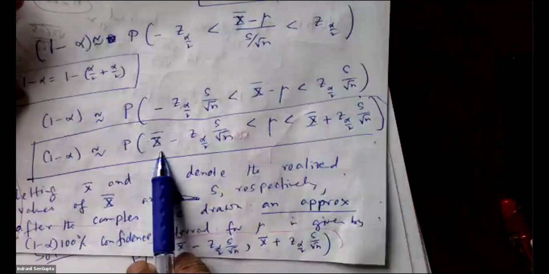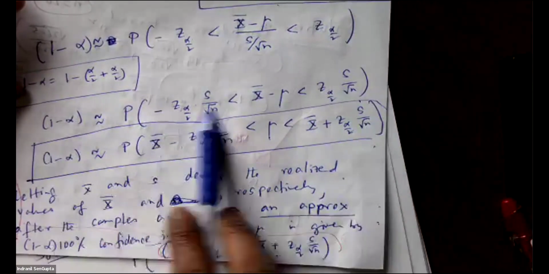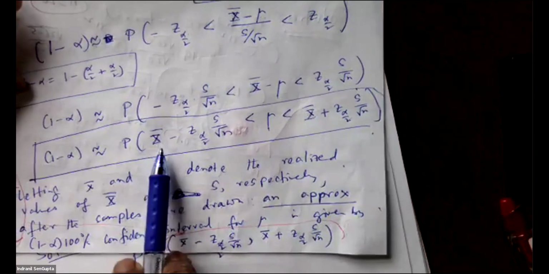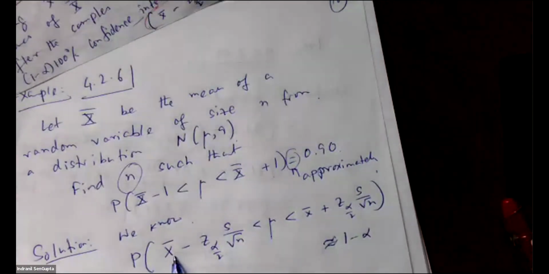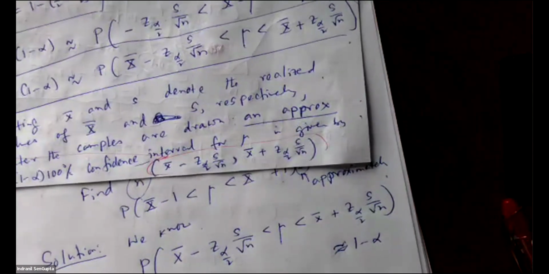I'm just writing this result for a given sample, so please excuse my notation. This was the original equation. But when I have a particular sample, this X bar becomes little x bar for a particular realization, and this S becomes little s for a particular realization.